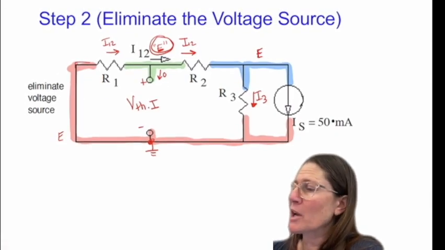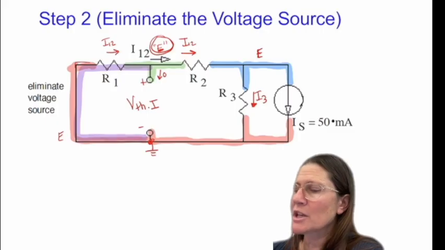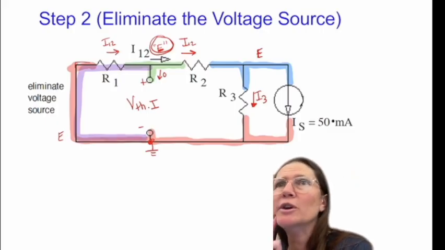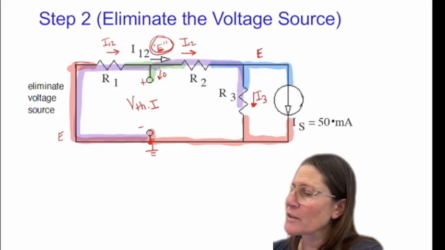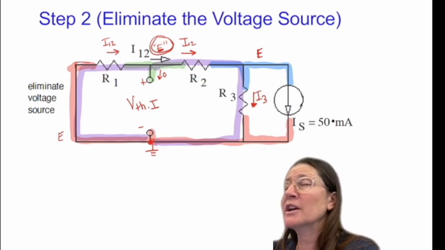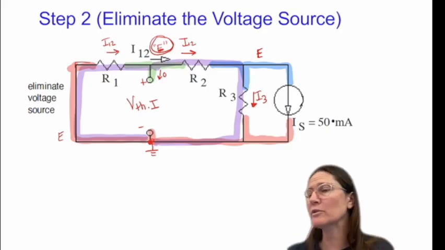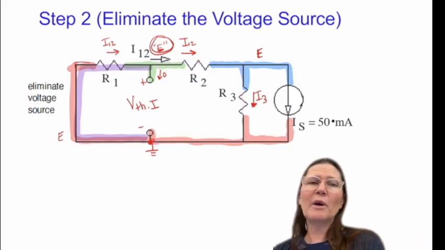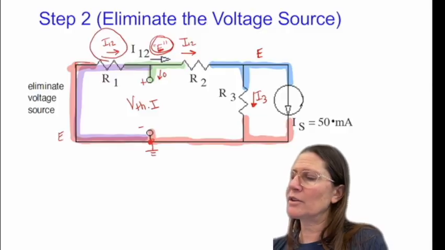So again, the pathways are, I could go from that node to here, find the voltage across the R1 there, if I knew the current. Or I would have to find the voltages across both those resistors there. So it'd be easier probably to find I12 and take the resistor value and multiply those together. So I'm going to go this pathway, which means I need to find this current.